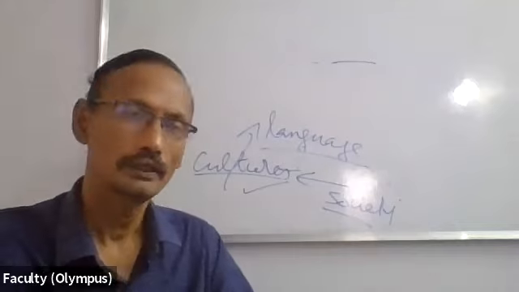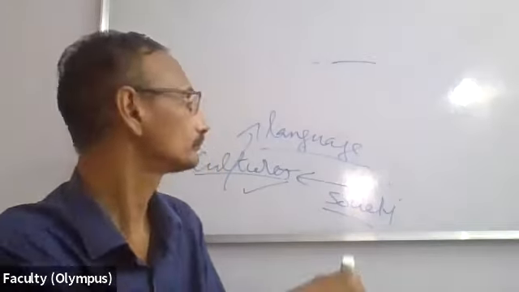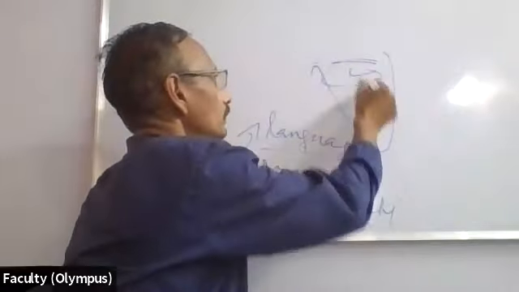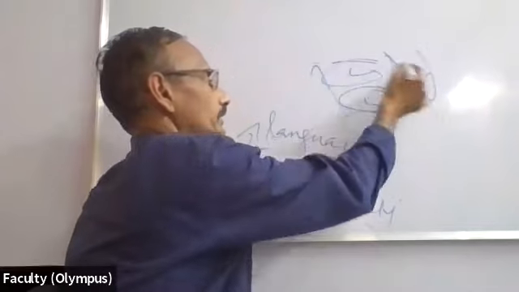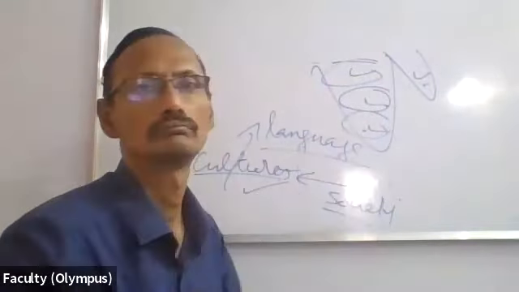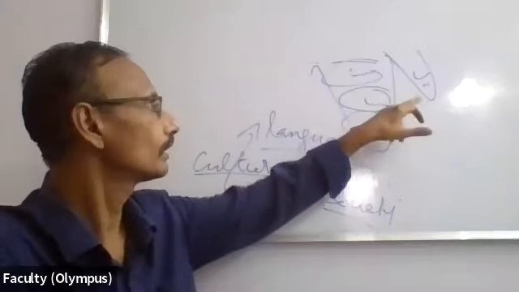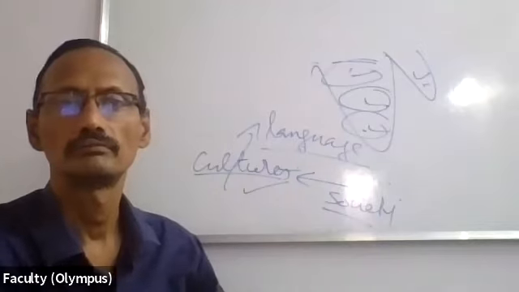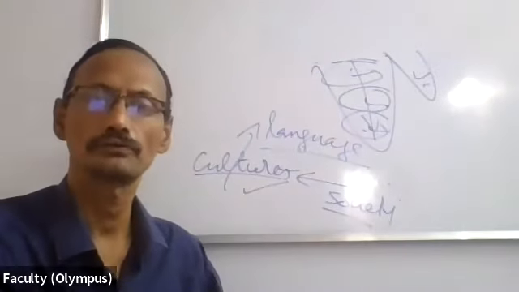So Irawati Karve divided the kinship map of India into North Indian, South Indian, Central Indian, and Northeast. And then she saw the pattern, how kinship is changing from north towards south.